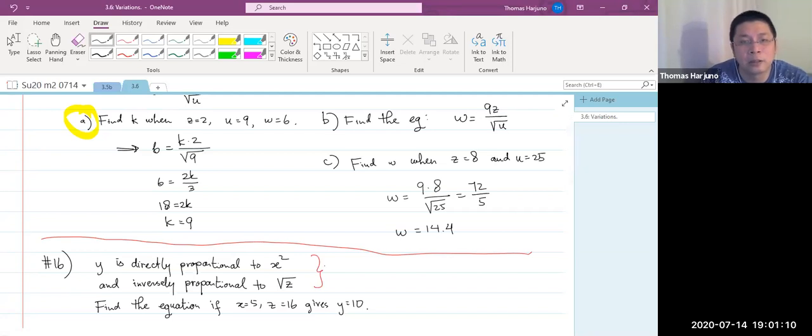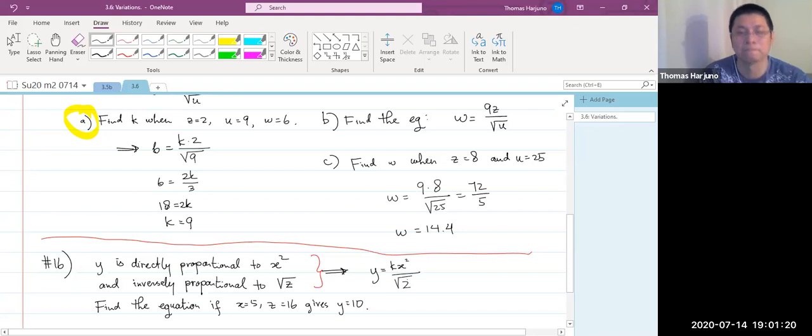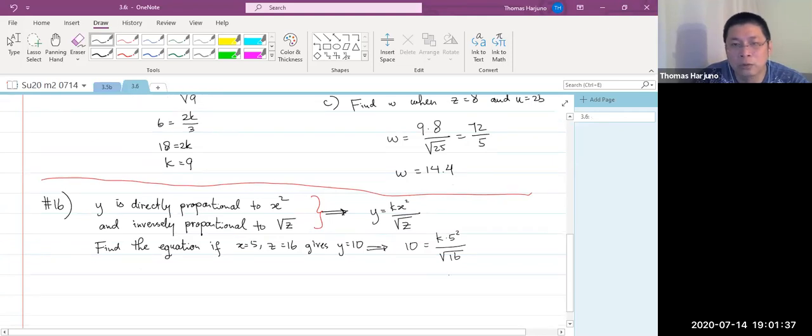For that, we need to find the k first. From the passage there, Y is directly proportional to k times X squared and inversely proportional to the square root of C. Now you plug in numbers. 10 equals k times 5 squared over the square root of 16. So 10 equals 25k over 4.